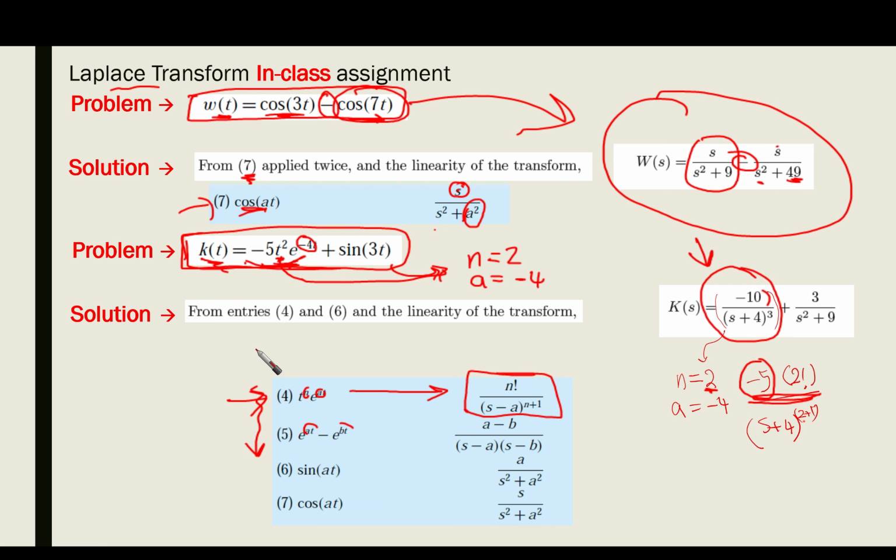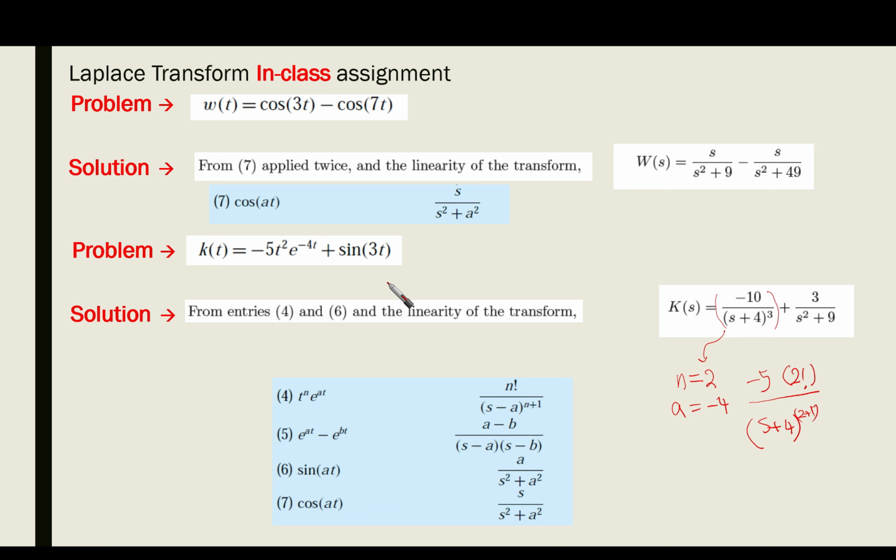It is okay for us now, right? Now let's go to the second part. Let us clear this first. Now the second part is sine 3t. I think it's easy for you. Using entry number 6 and the linearity of the transform, entry number 6, sine at, we have a over s squared plus a squared.